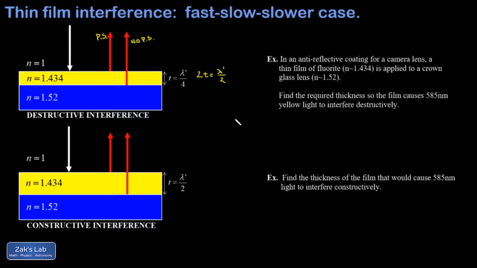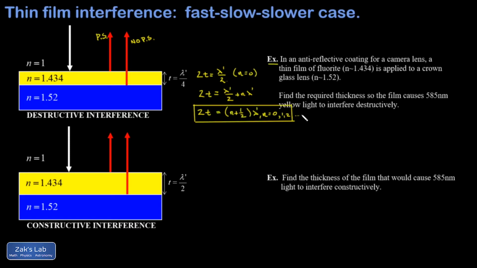To generalize this result, I could tack on an integer number of extra wavelengths within this extra travel distance of 2t, and it will still arrive with no phase shift and interfere destructively with the first reflection. So we arrive at our general formula for destructive interference in the fast to slower case. Again, this one starts with n equals 0.